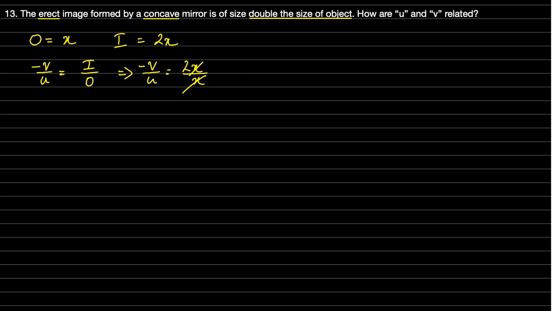U goes to the other side and we get minus v is equal to u. I multiply everything by minus 1. So we get this as v is equal to minus u. One second. Yeah, so I have done a small mistake here.